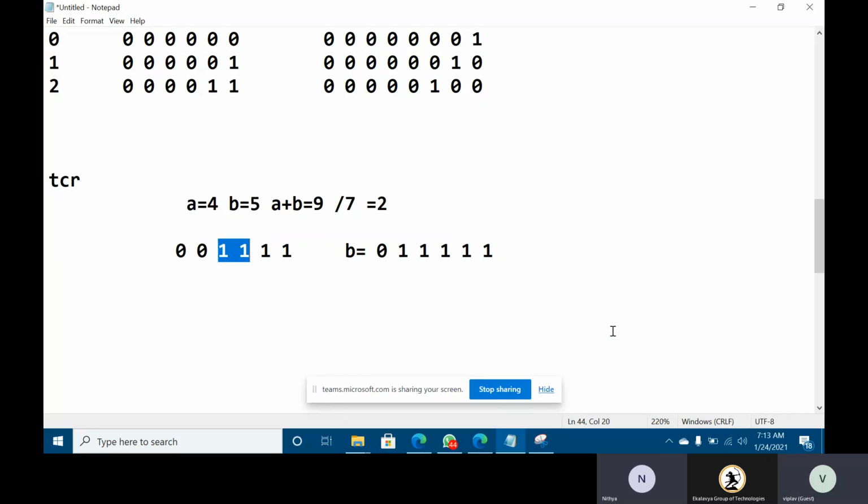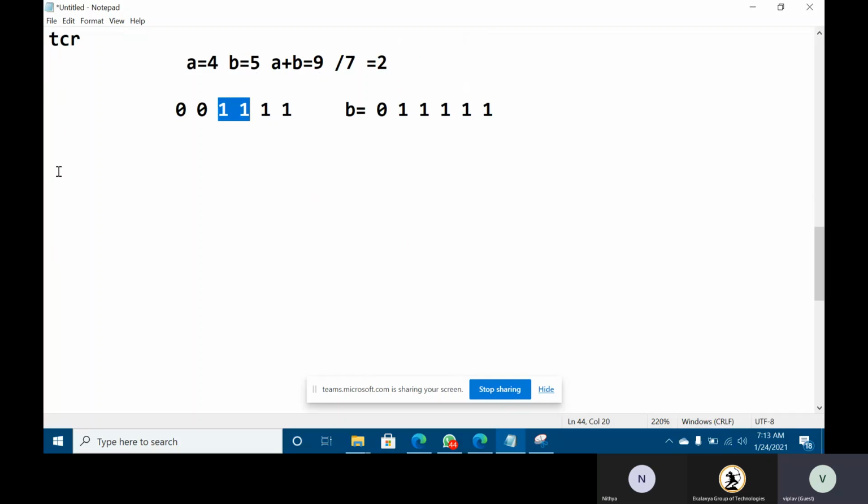So I will write all the 9 ones first in the LSB part. How many zeros are there? 3 zeros, as you can see, 2 zeros here and 1 zero there.